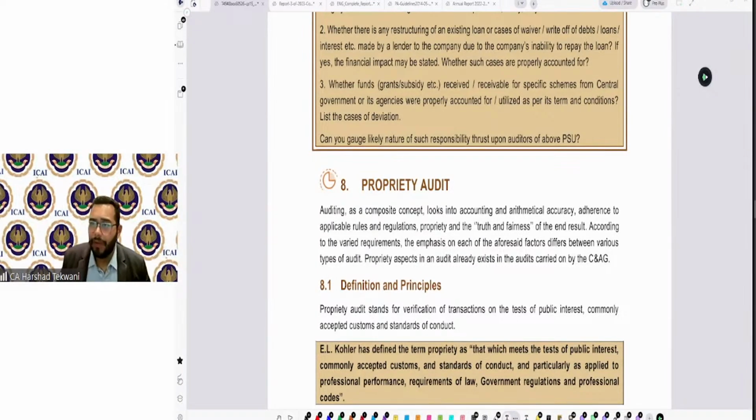Okay. So there is one question with respect to Public Accounts Committee, Estimates Committee, and the Committee on Public Undertakings. See, when I talk about Public Accounts Committee, it's not only related to public sector undertakings. It talks about all the public accounts.